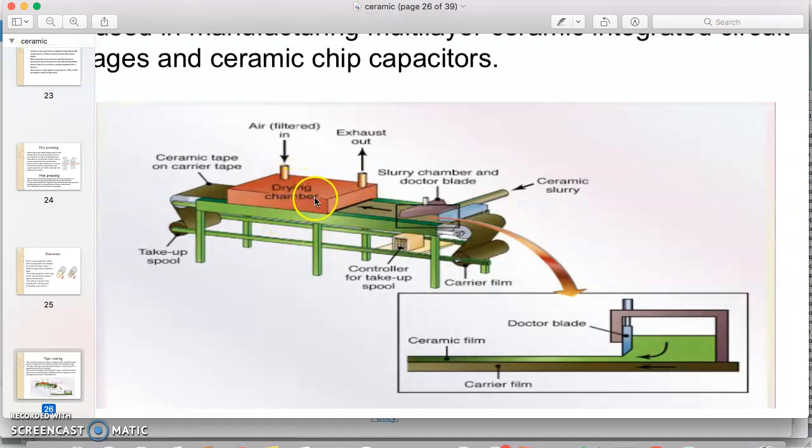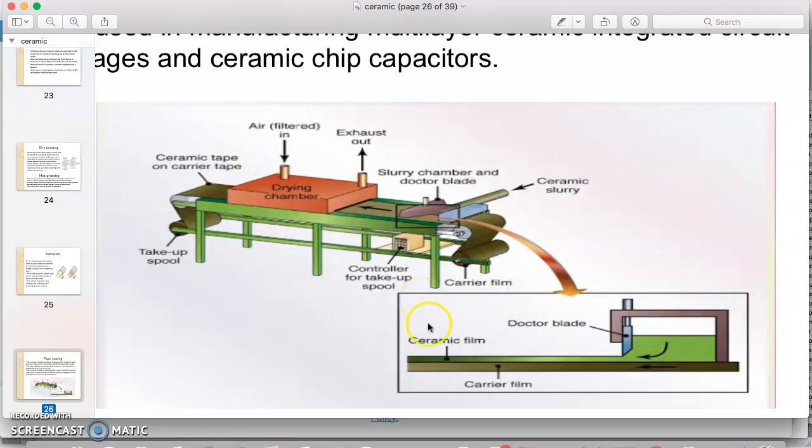In the drying chamber, we apply a heater and also air ventilation in and out in order to remove the moisture. The product that comes out from the drying chamber is a dry ceramic thin film.